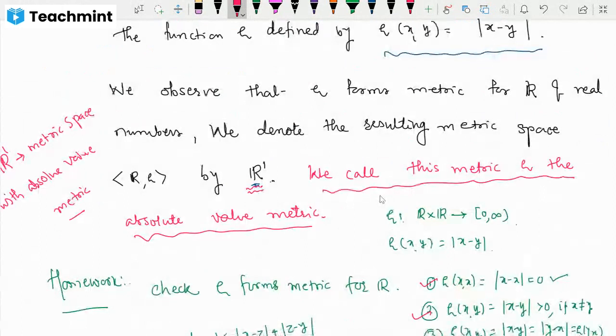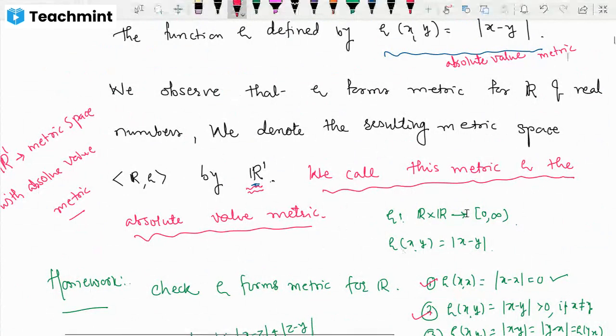So what is R1? R1 is a metric space with absolute value metric rho. So this is the first example. Hope you check all these 4 conditions for this rho.